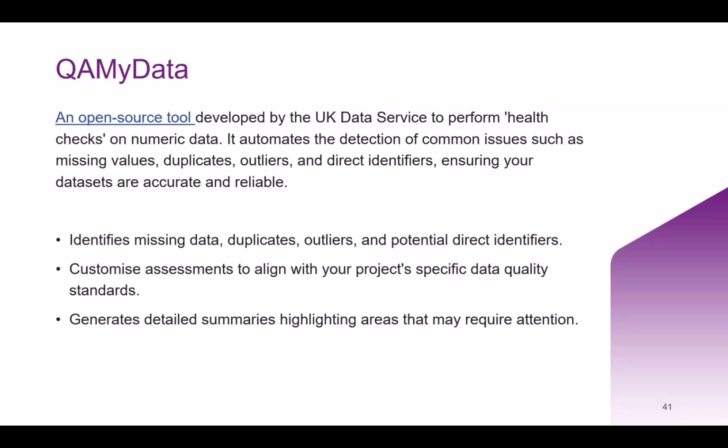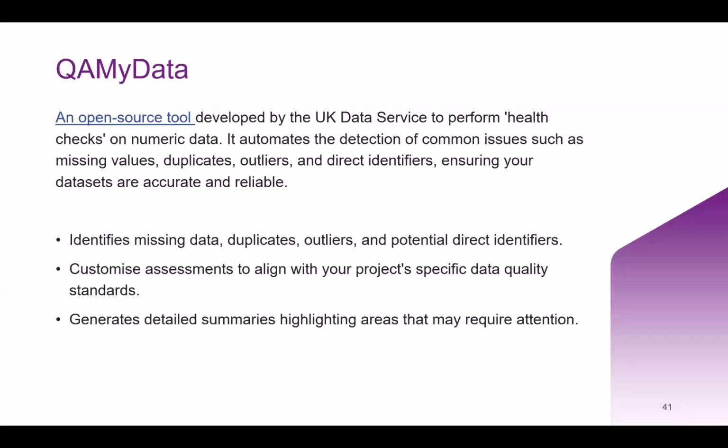UK Data Service has developed a free open source tool that helps researchers check the quality of their numeric data. It's called QA My Data. And it automatically looks for common problems like missing information, duplicate entries, unusual values, or personal details that could identify someone.